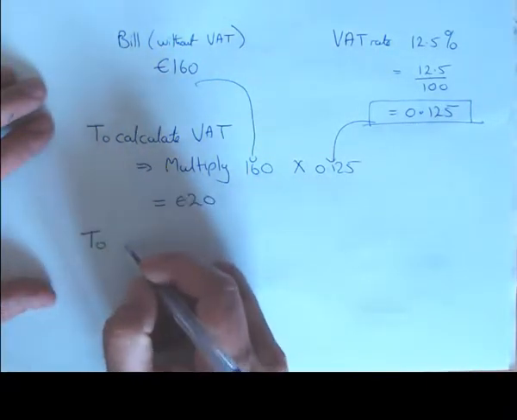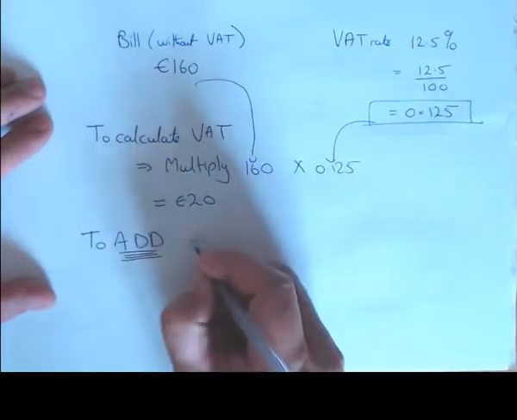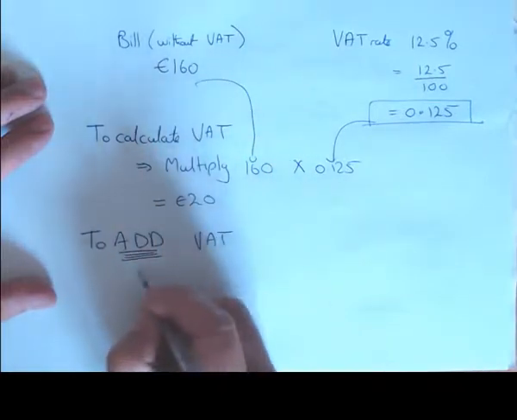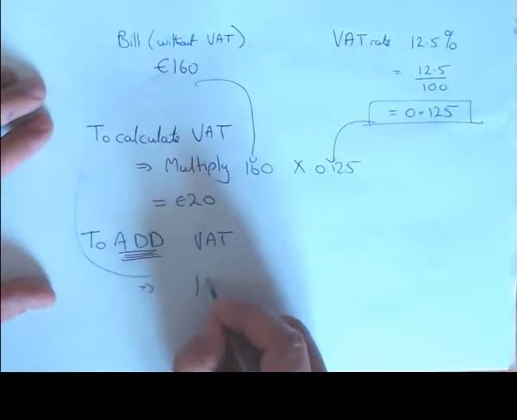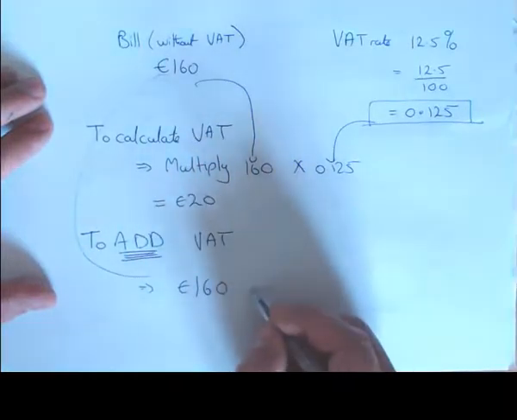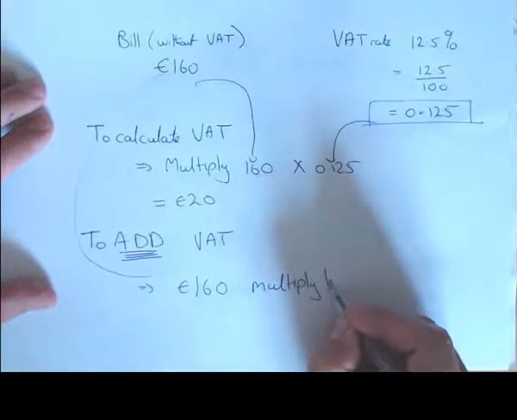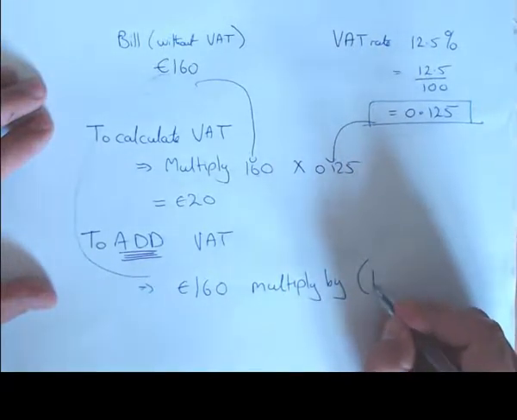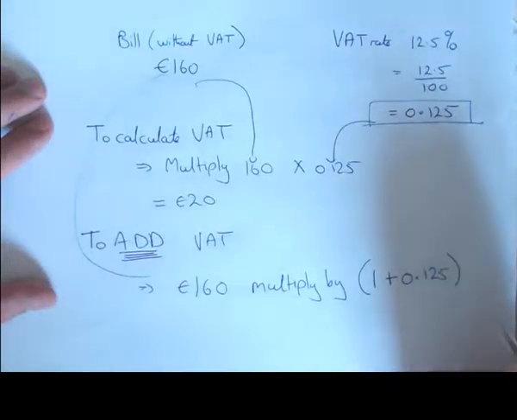In secondary school, if you wanted to add VAT, you would take your original bill, €160, and you would multiply that by 1 plus 0.125.